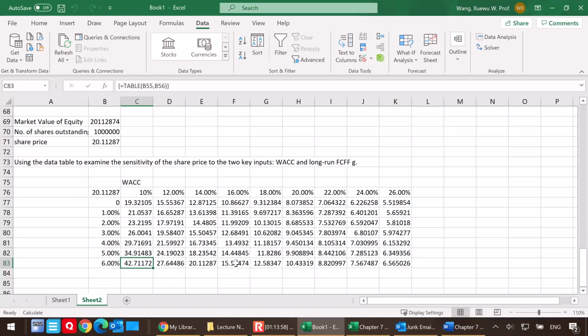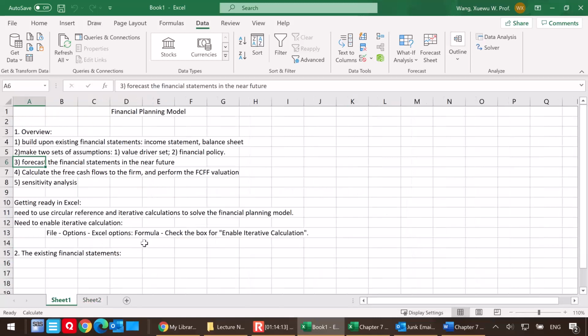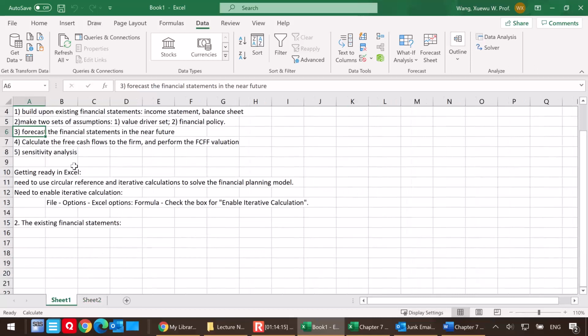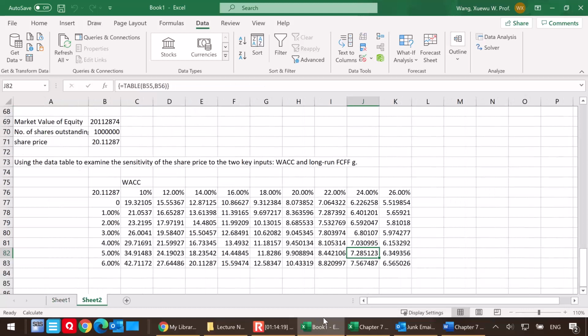If you want to play with other data tables with smaller increments, you may still see a lot of variation in your best and worst stock prices. We just finished everything we laid out, and I'll stop the video here.